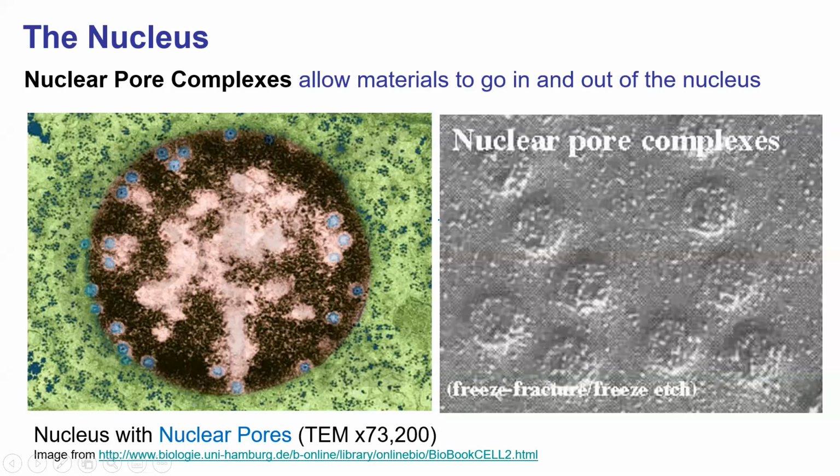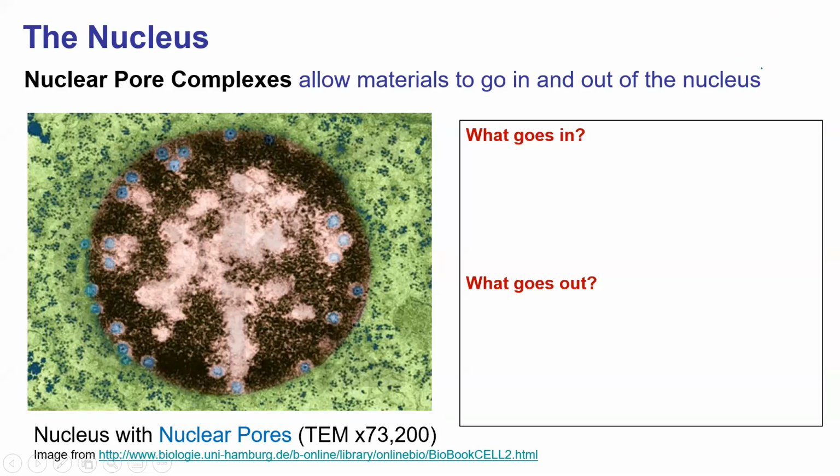And what you're looking at is, I can't remember how many proteins, but they're pretty large. I think it's 9 proteins, or maybe 10. I think it's 1, 2, 3, 4, 5, 6, 7, 8, 9, something like that. And that's kind of what you're looking at. And there's a big hole in the middle. And these are not just open holes. These are very directed. Some things are allowed in and some things are allowed out.